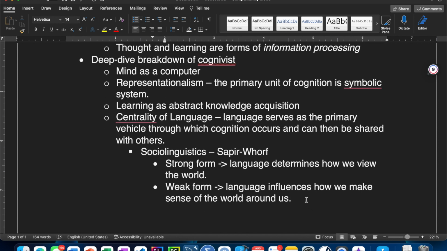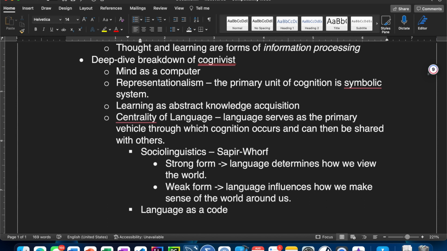And we can extend this idea of the centrality of language to view language as a code, right? Or language as a programming language. If you're familiar at all with computer science, you know that a language like C# is often used for programming operating systems, while C++ may be used for high-end applications like Word and PowerPoint, right?